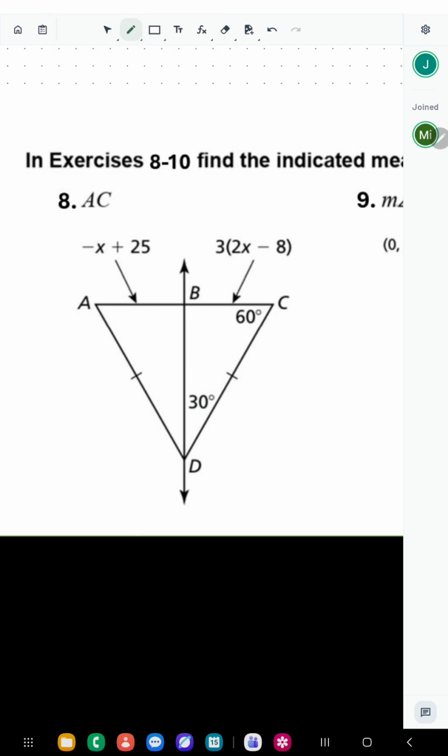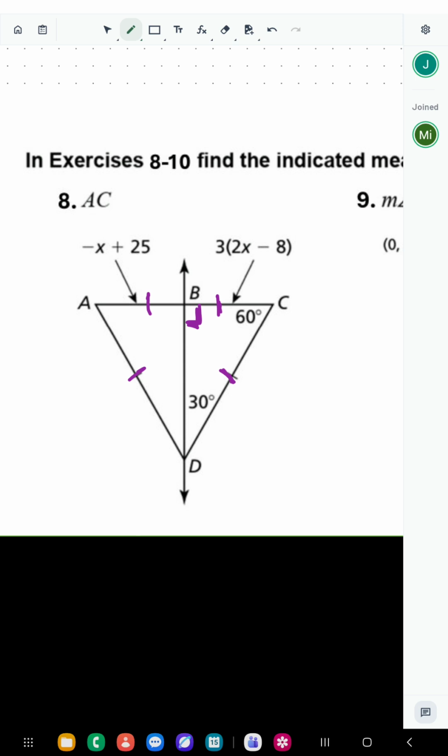So we're given here that this side is congruent to this side. And this one is 60, 90, 30. So that means this side is also congruent to this side. If we're going to calculate this angle, this is 90 degrees. So that means this is the perpendicular bisector theorem.